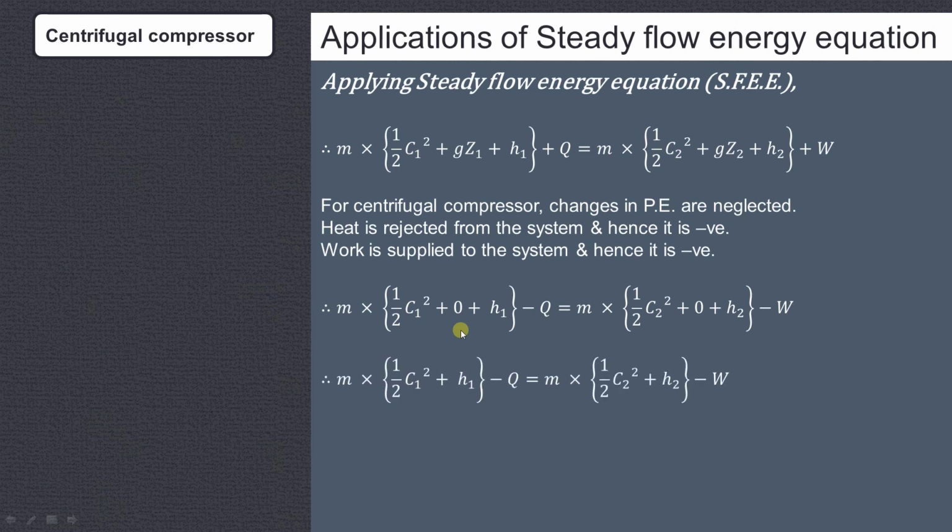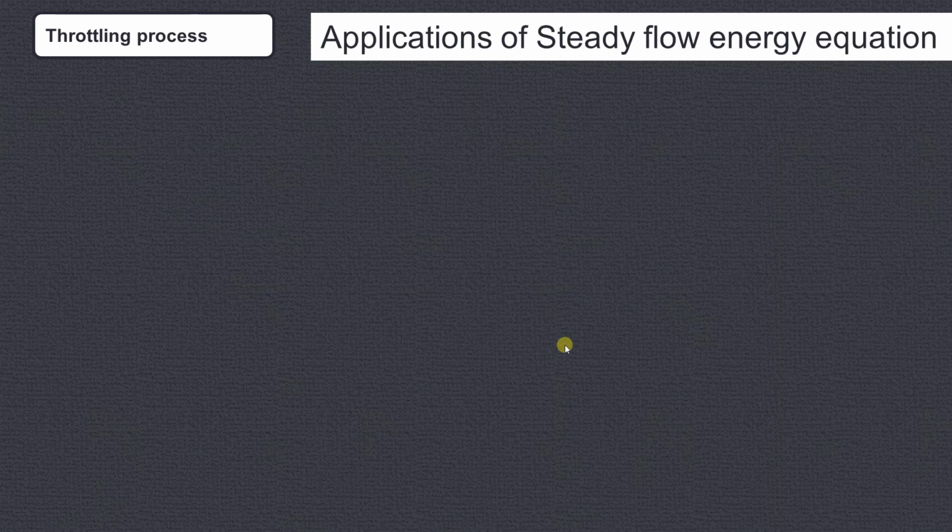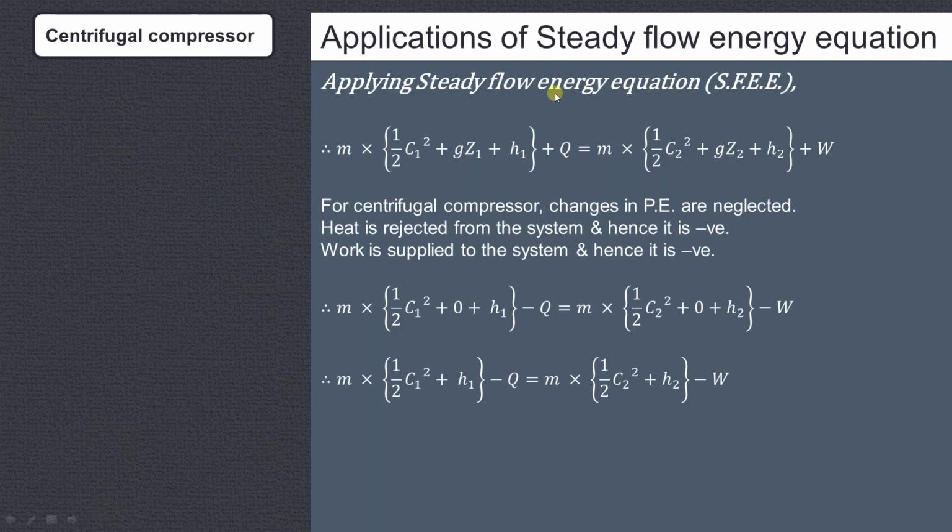So we are left with only kinetic energy, enthalpy and heat. This is the required equation for the centrifugal compressor: m into (1/2 C1 squared plus H1) minus Q is equal to m into (1/2 C2 squared plus H2) minus W, where the first part is the kinetic energy, this is the enthalpy, this is the heat rejection, and this is the work supplied to the system.